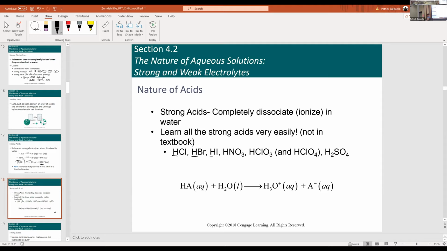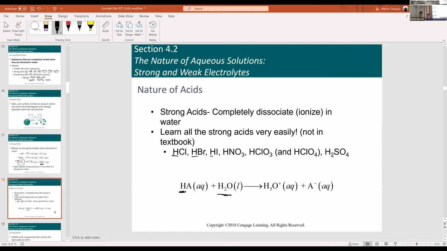Now, in water's case, water is neither an acid nor a base. It's actually called amphoteric, where it can behave as both. So whatever it's paired with in the solution, let's say water in this case is paired with an acid, it will act as the base.